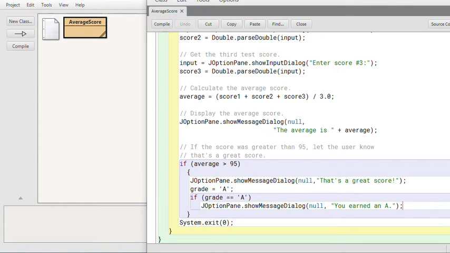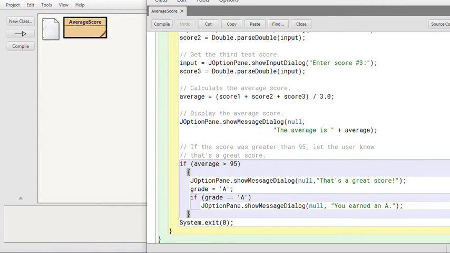Now also notice how we are tabbed in. It's standard practice to tab that conditional statement in, so it stands out and makes it a little easier to read. Also notice that if you have multiple lines in your conditional statement, which we call the block, you're going to need curly braces.